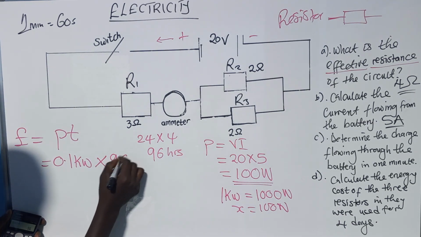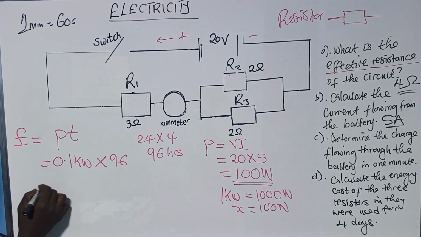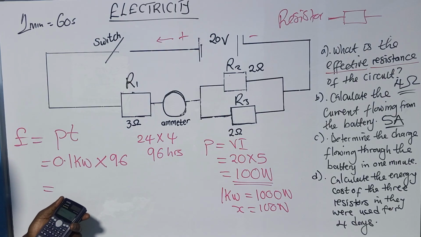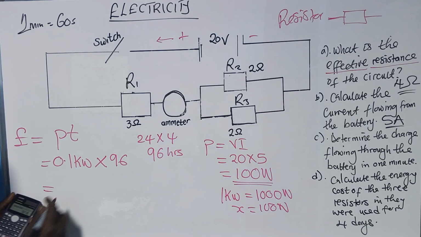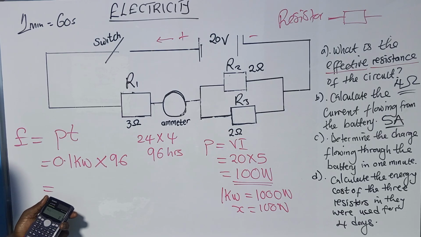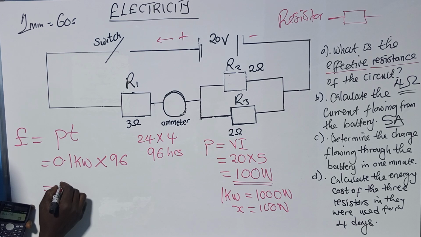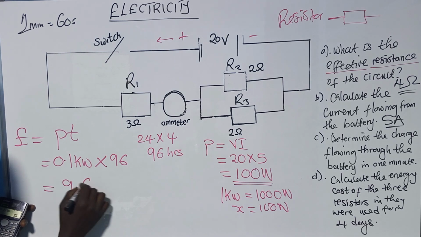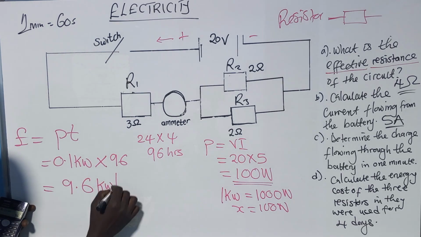So I'm going to bring 96 like that, and I'm going to multiply there with 96. If I multiply 0.1 times 96, I'm getting an answer which is 9.6 kilowatt hour.